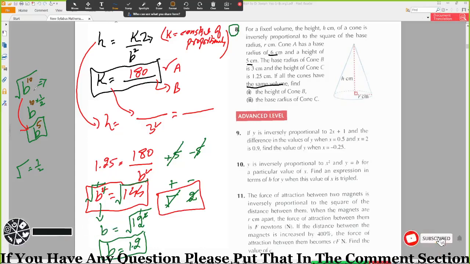If b to the power of 100 is given to you and the question is to find the square root of b to the power of 100, then the answer will be b to the power of 50. Sometimes teachers will give such conceptual and intelligent questions.